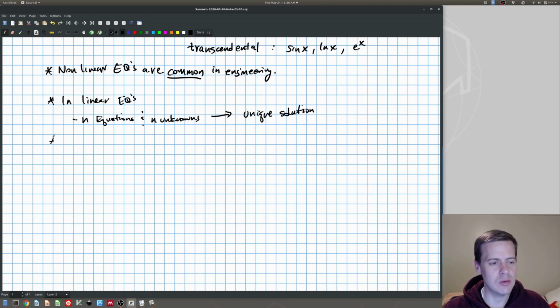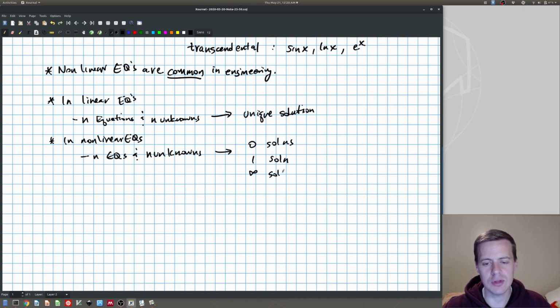In nonlinear equations, if you have n equations and n unknowns, you could have 0 solutions, you could have 1 solution, you could have an infinite number of solutions.